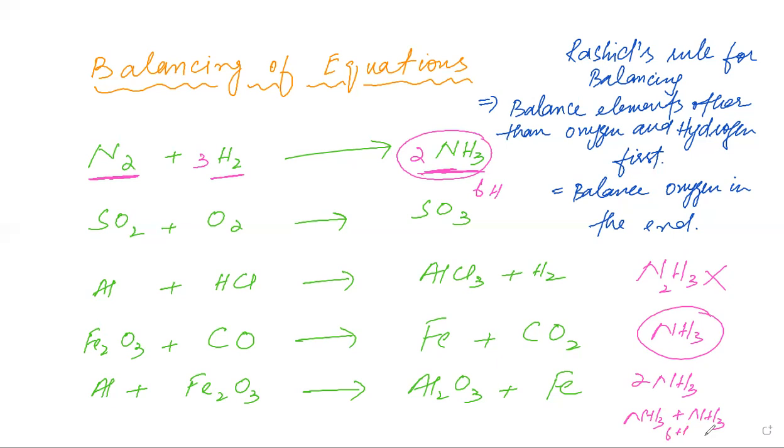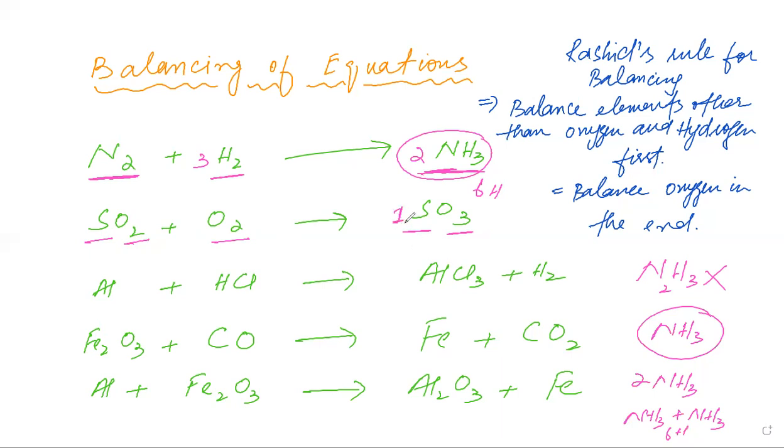Now come to the second equation. We should balance sulfur first, and sulfur is already balanced, and the turn of oxygen has come. Oxygen atoms are 2 in SO2 and 2 here. Total oxygen atoms are 4 at the reactant side, but at the product side, there are 3 oxygen atoms. In order to increase oxygen at the product side, we can write a number because 1 is understood.